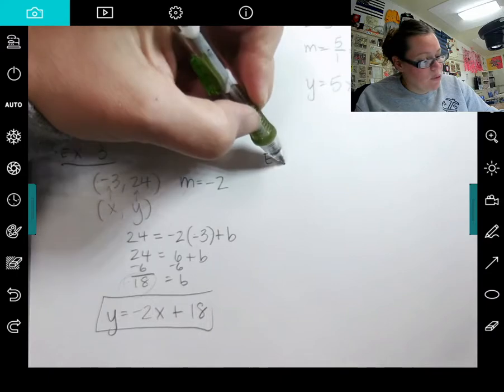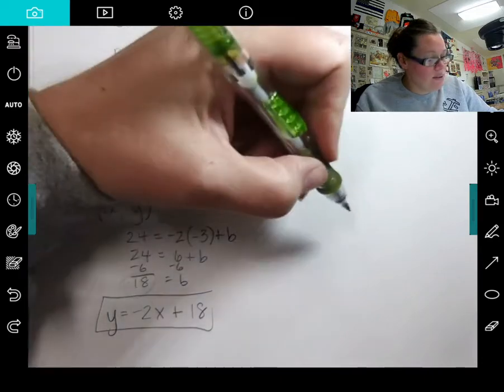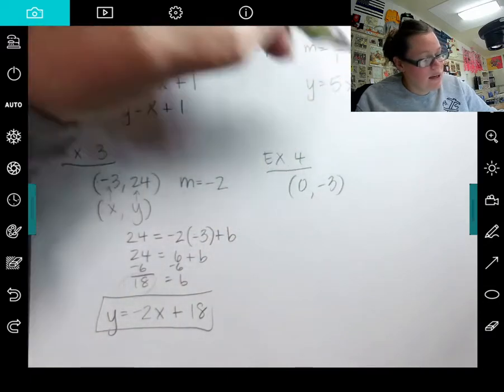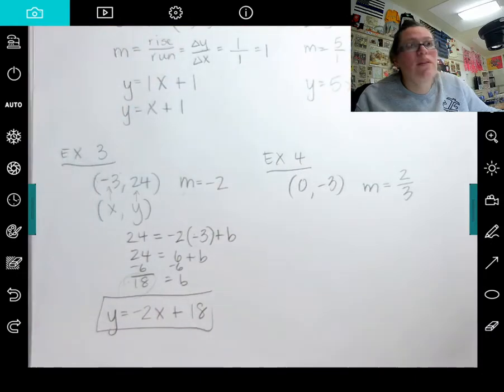So example 4, I'm going to do another one like this. So let's say we have (0, -3), and our slope is +2/3.